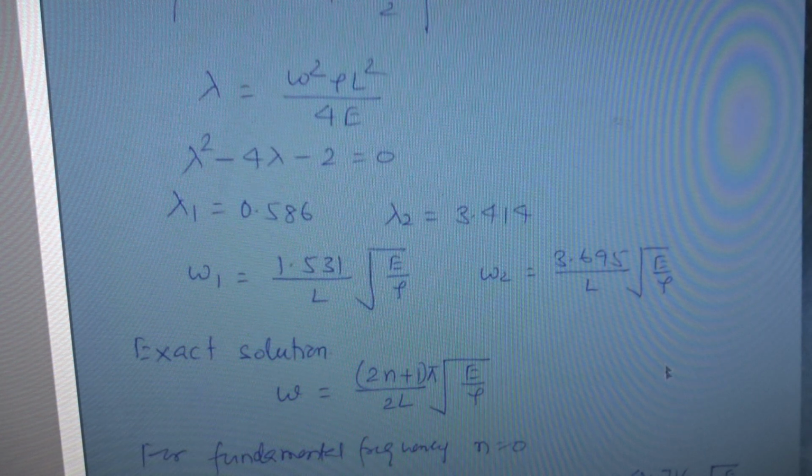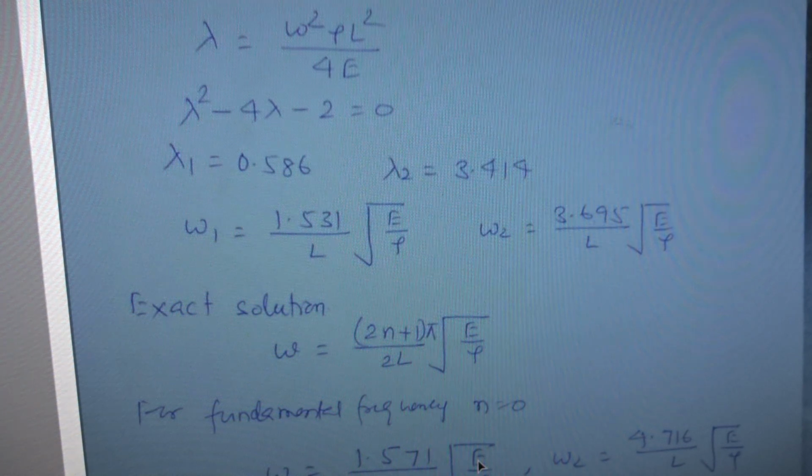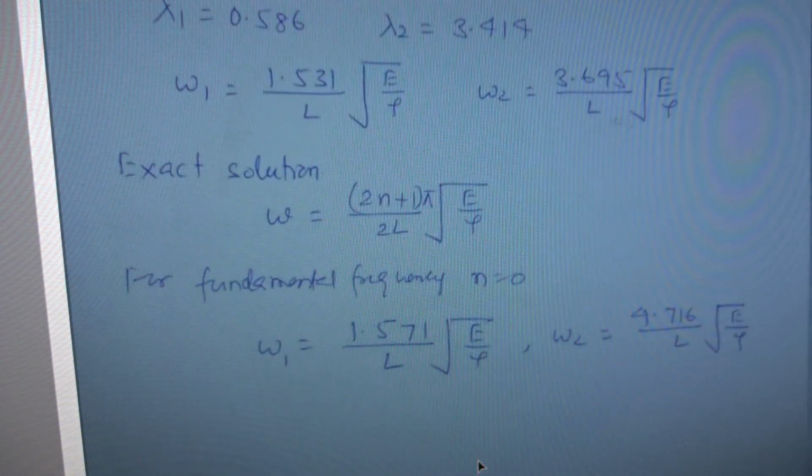So in this case we can say that the lumped mass matrix gives nearly exact solutions, or comparatively gives a solution which is near to that obtained from the analytical method. So from this method you can find the fundamental frequencies.